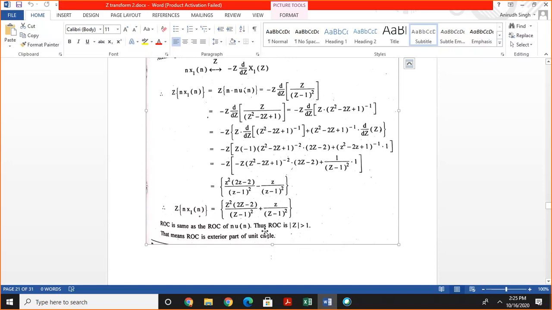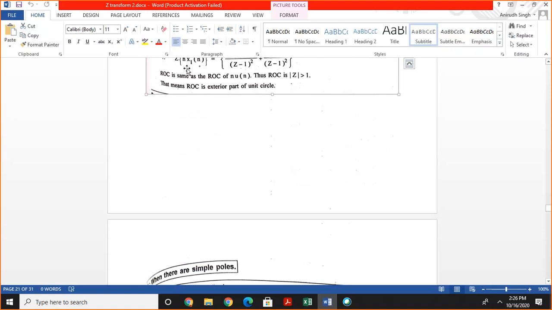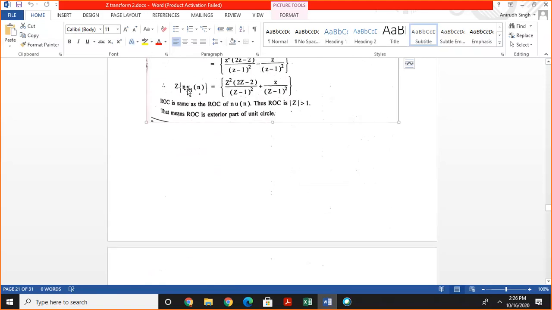So finally we get this expression, and the ROC is the same as the ROC of n u(n). The ROC of n u(n) is always mod of z greater than 1, the exterior part of the unit circle having radius 1, in the case of a unit step or a ramp signal.